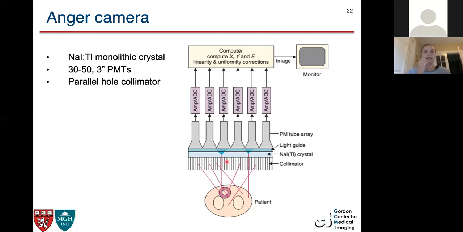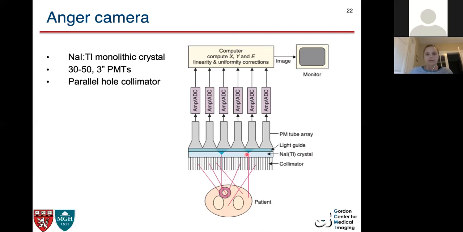The basic all-purpose SPECT system is a dual head gamma camera, which would be two of these types of detectors that are rotated around the patient to get a large number of projections. There also exist specialized cameras that focus on certain parts of the body, for example, on the heart. I will talk a little bit more about this later.